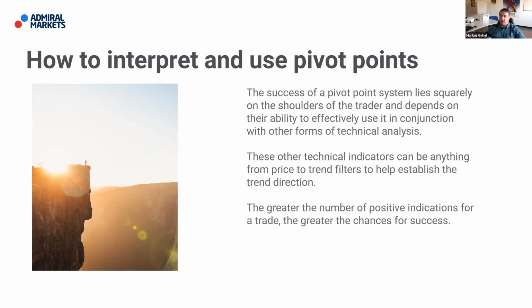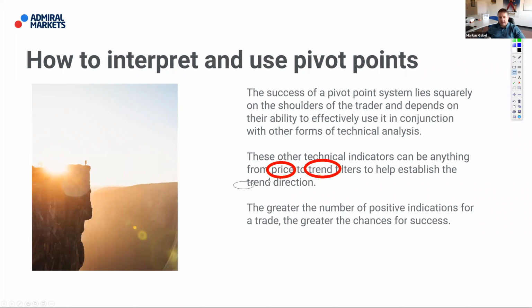Come on, I will help you because I think this is so much more important than anything else. Those are the two words: trend and price. Price and trend. Here we go. Those are the most important words.